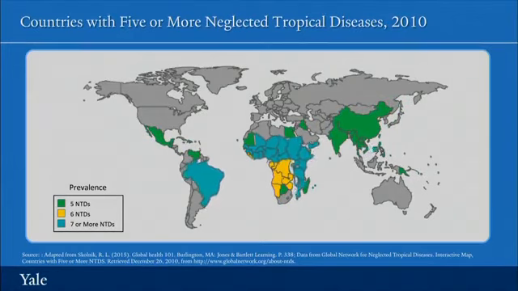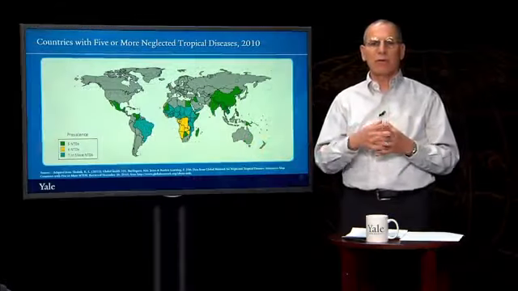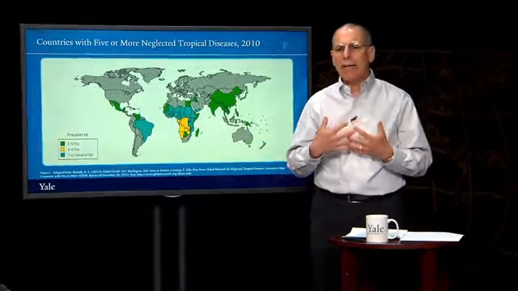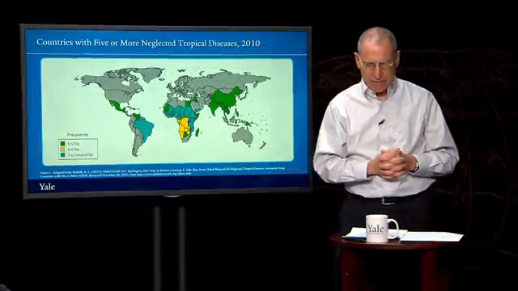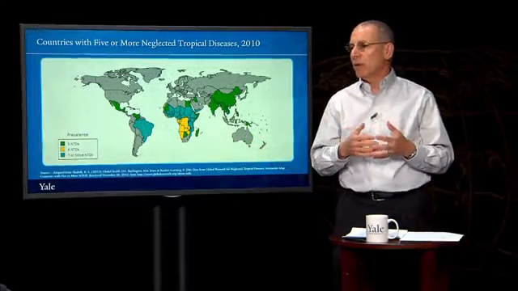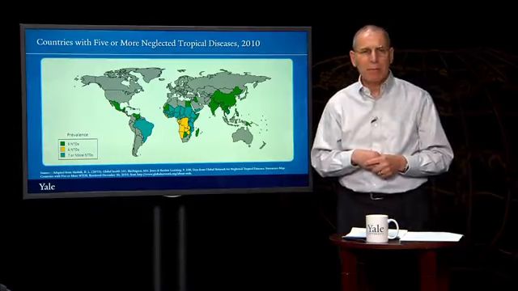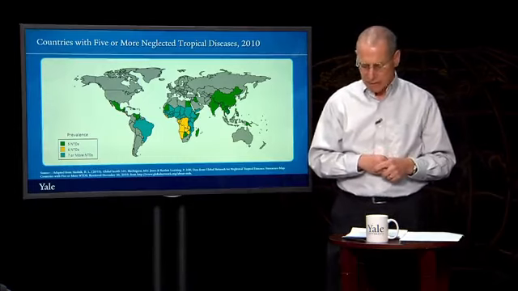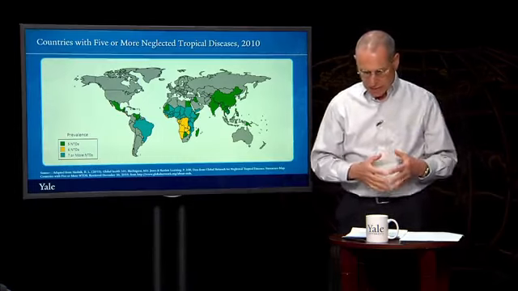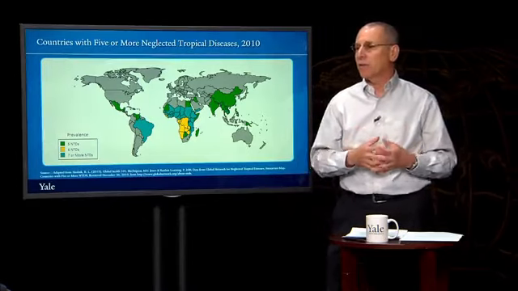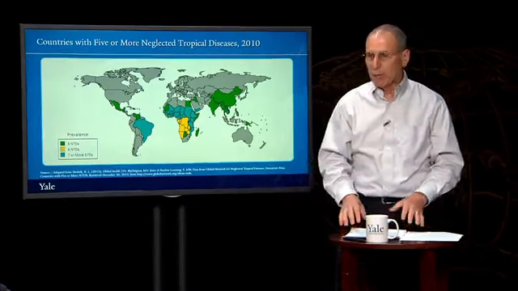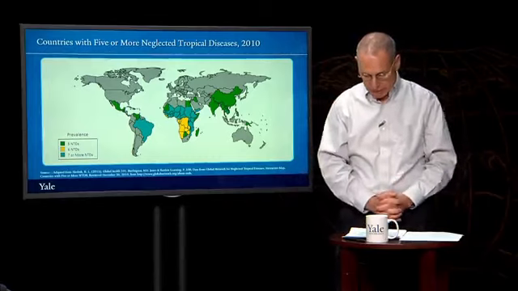And in blue, we'll see those countries where 7 or more NTDs can be found. And it's really important as well to understand how widespread these diseases are and what a large share of some populations is infected. It's been estimated, for example, that about 75% of the school children in Rwanda are infected with soil-transmitted helminths, or the so-called wormy diseases.